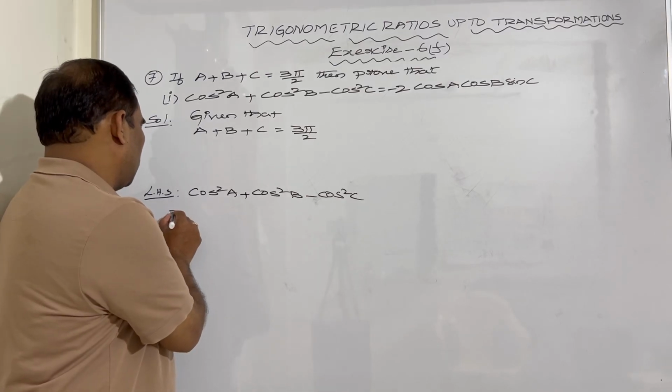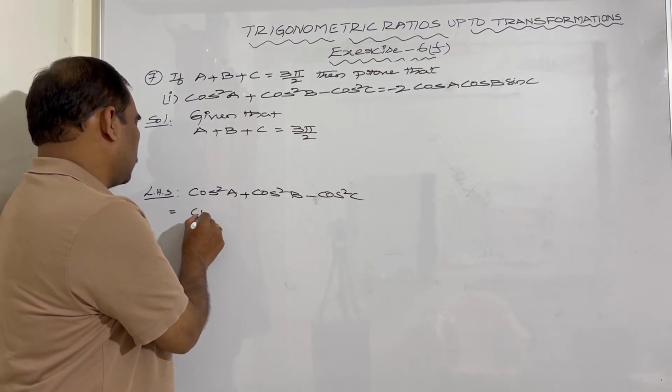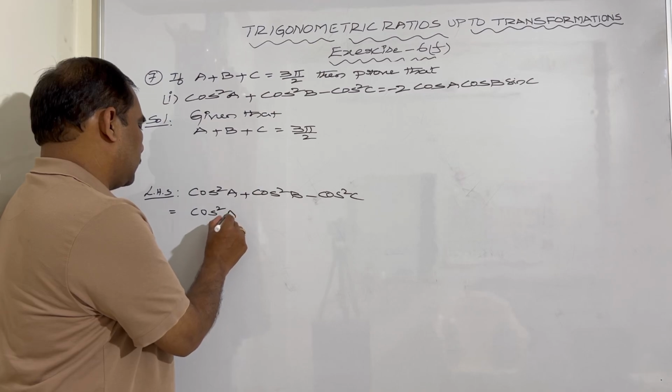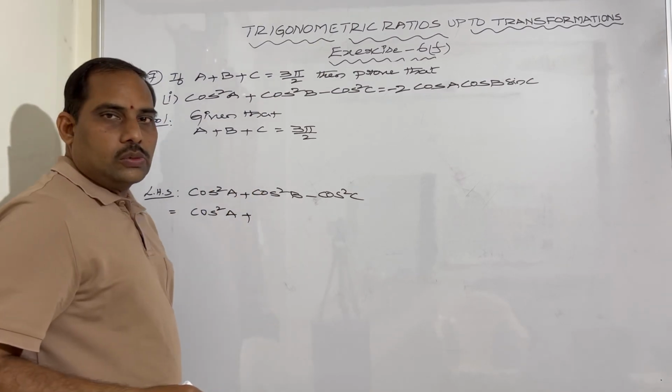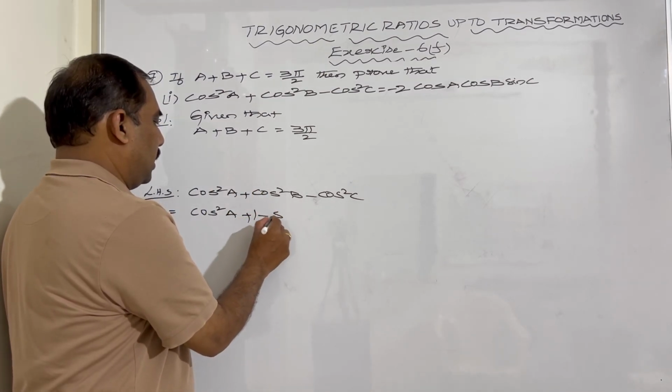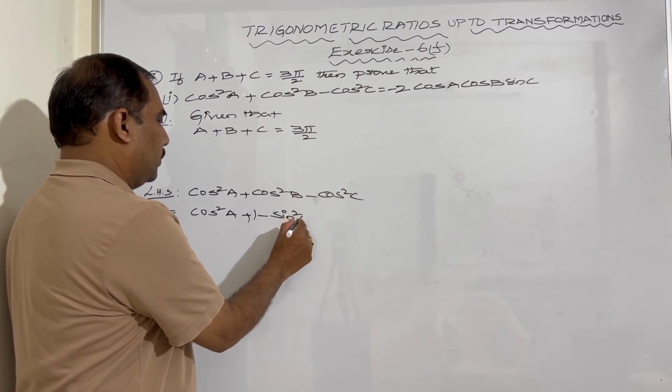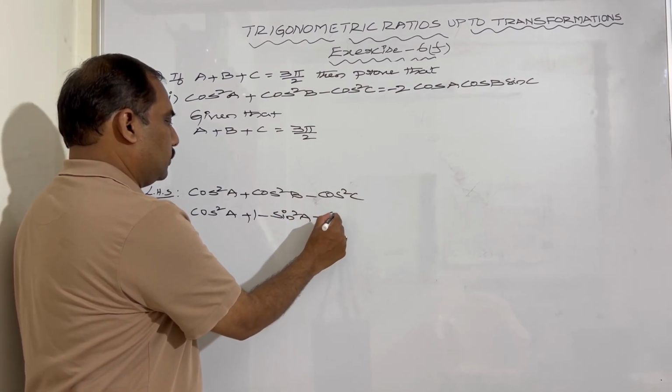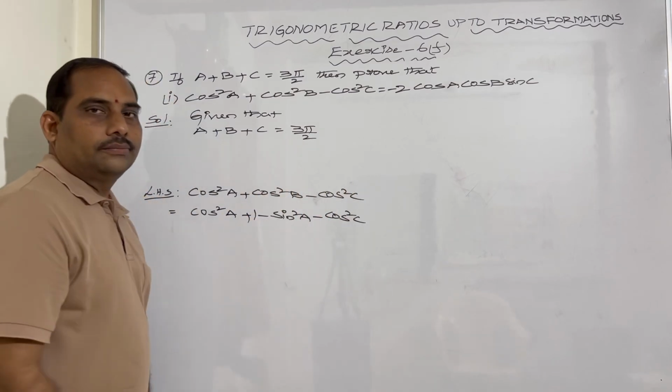Here I write cos square a as it is, and cos square b as 1 minus sin square b, and minus cos square c as it is.